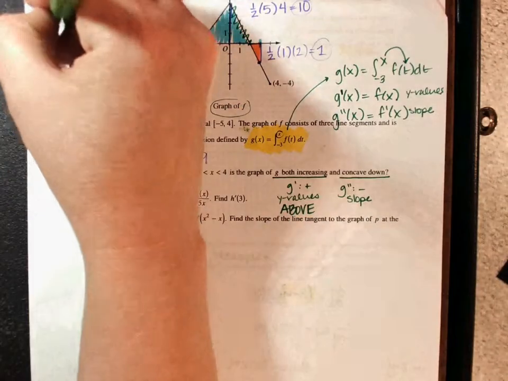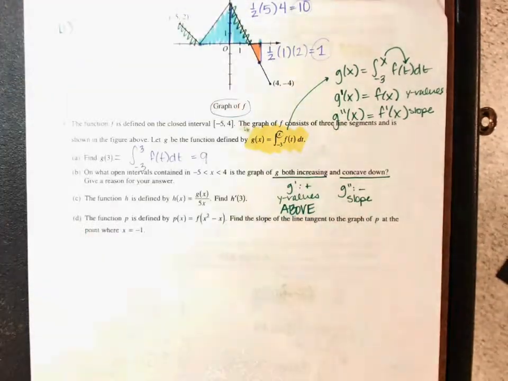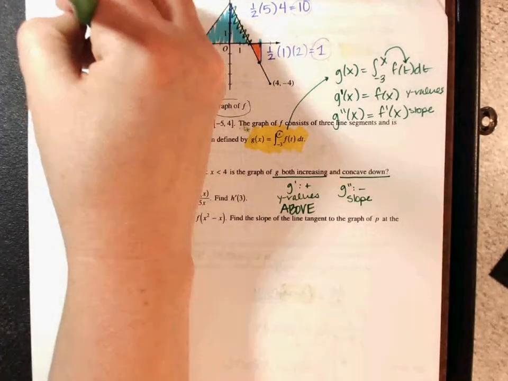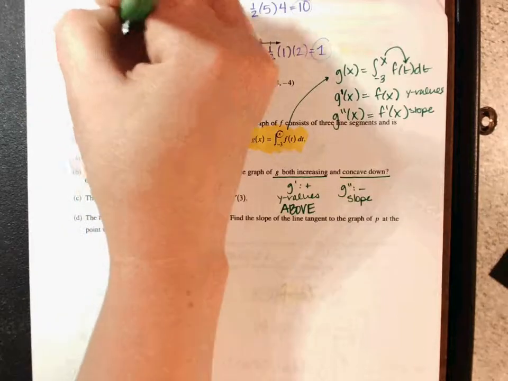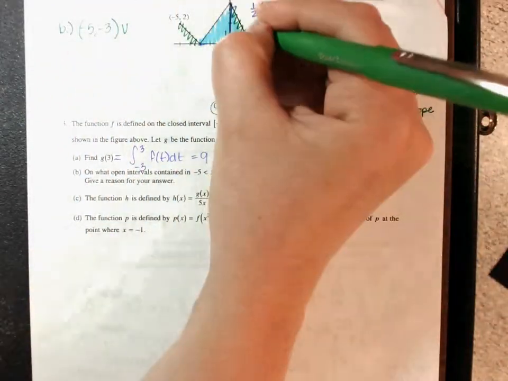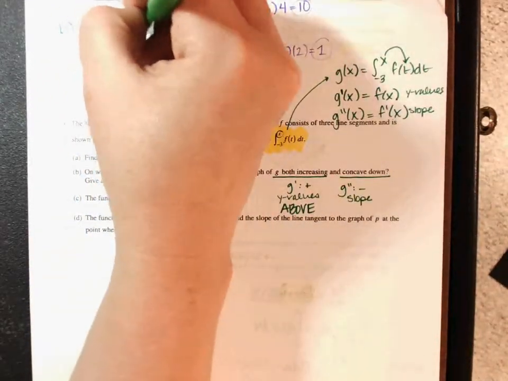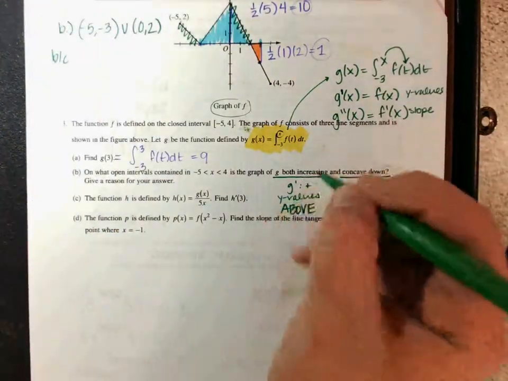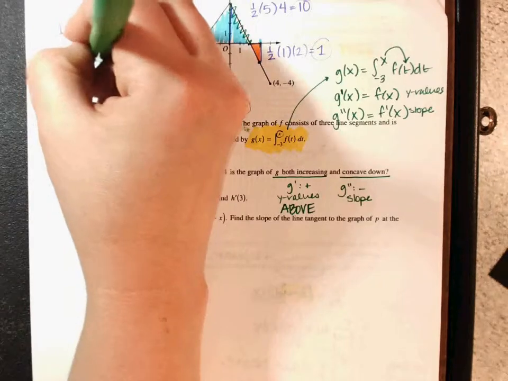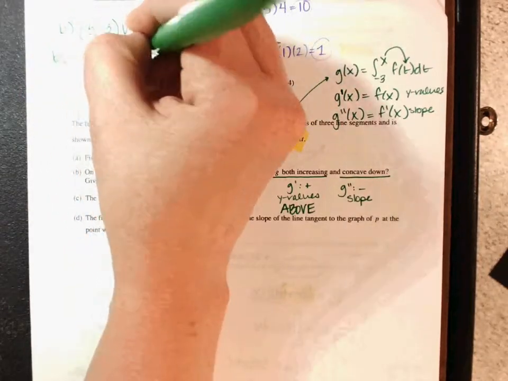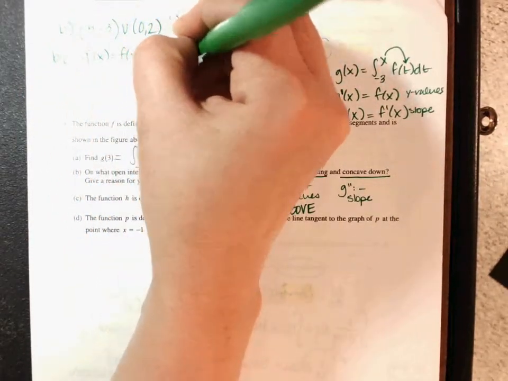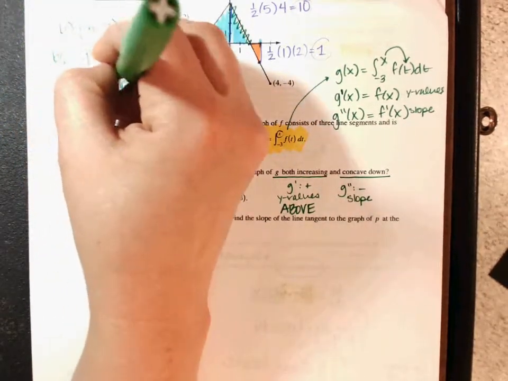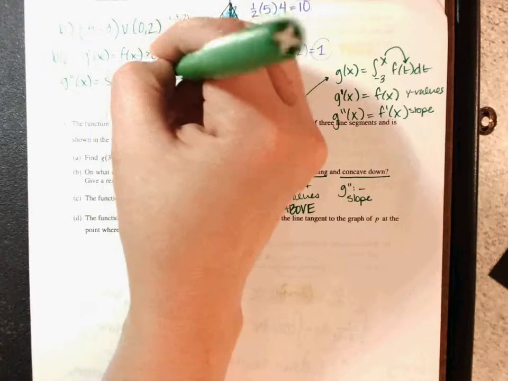So for part B, I'm going to put my answer up here in the corner. It would be from negative 5 to negative 3, union, and then it would be from 0 to 2. Because remember that I wanted g prime, which was really f of x, to be greater than 0, and I want g double prime of x, which is the slope of f, to be less than 0.